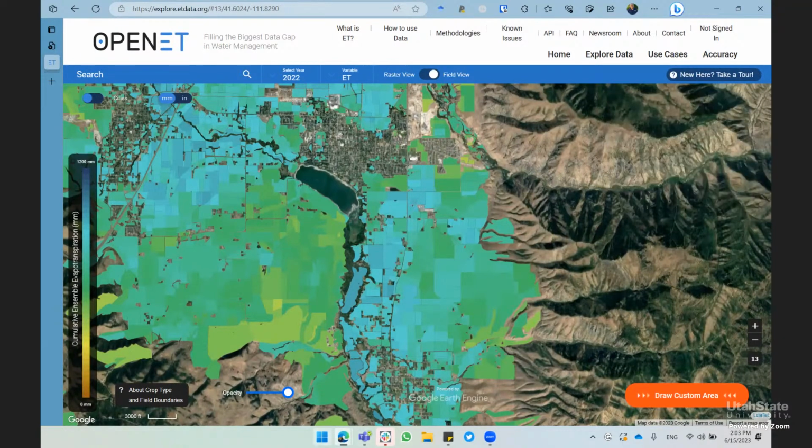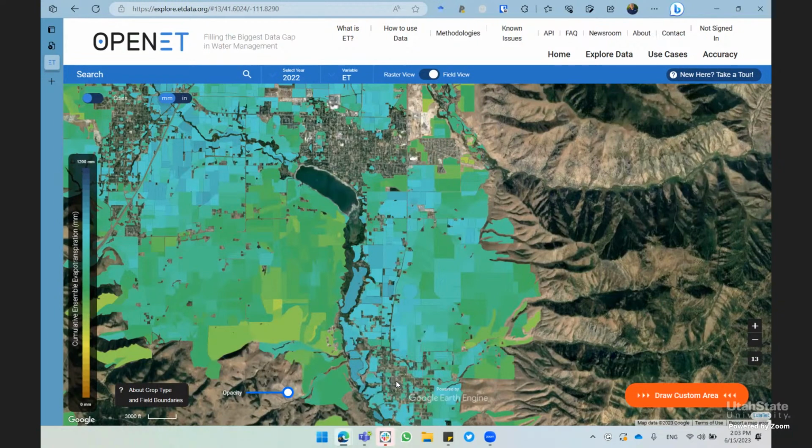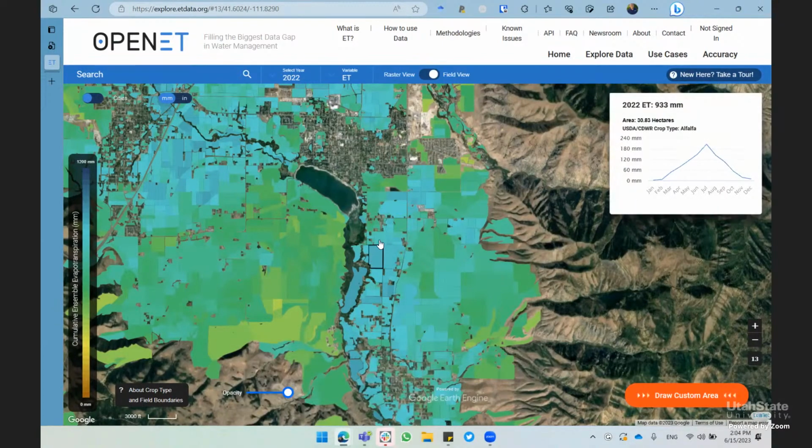So they brought all the major developers of these ET models, put them in a room until they figured out how to run their models in Google Earth Engine. With that, OpenET approached different organizations like the state of Utah, the state of California, to get the parcel information, the boundaries of every parcel.